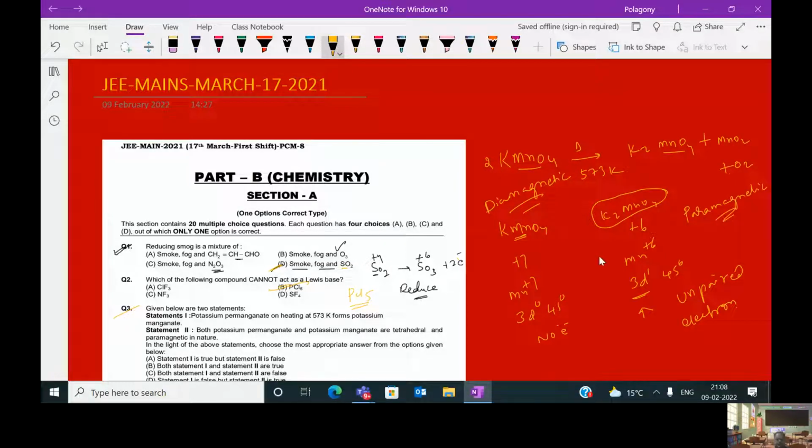The first statement is true, and the statement that both potassium permanganate and potassium manganate are paramagnetic is wrong. So the first statement is correct and the second statement is false. The option is A. A option is the correct one.